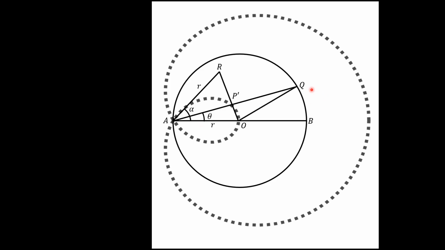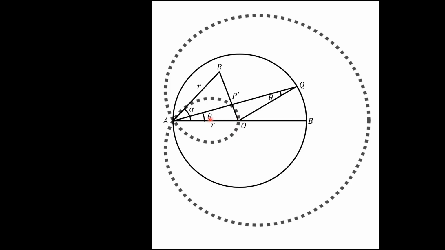So let's go ahead and join point Q, the point where the line from R to O, the center of the circle, crosses the trisectrix. Let's draw a line from Q to O. And obviously, since AO equals AQ, we have an isosceles triangle.